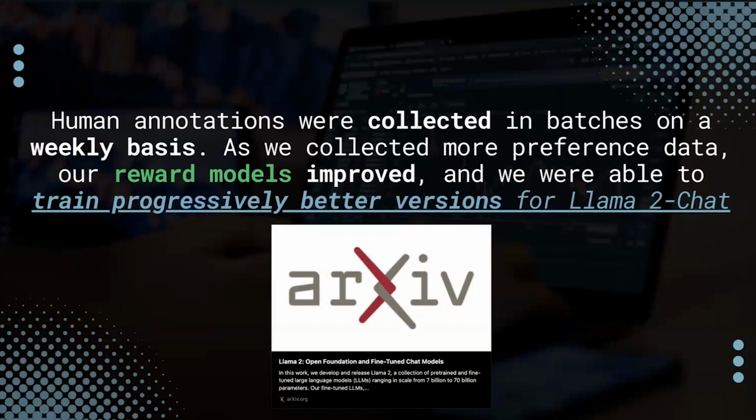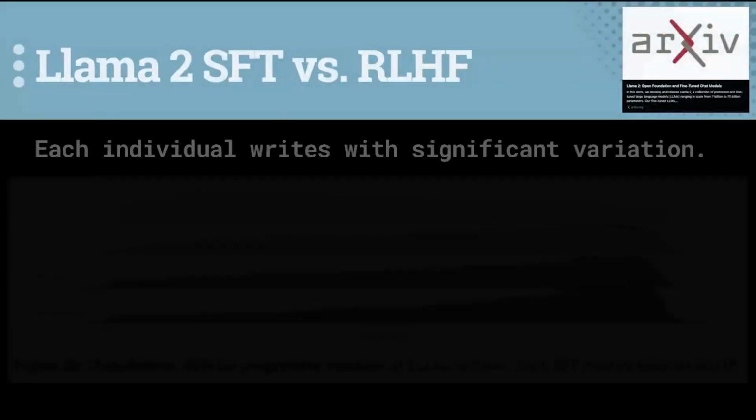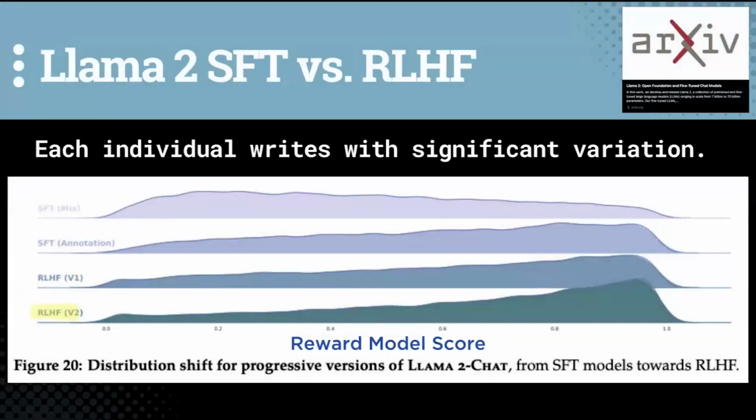And as the data and reward modeling improved, they saw better and better performance coming from their chat model, Llama 2. And that's exactly what we looked at a little bit earlier when we saw the diagram that shows this progression from simple SFT to versions of RLHF. And presumably this has been going on ever since.